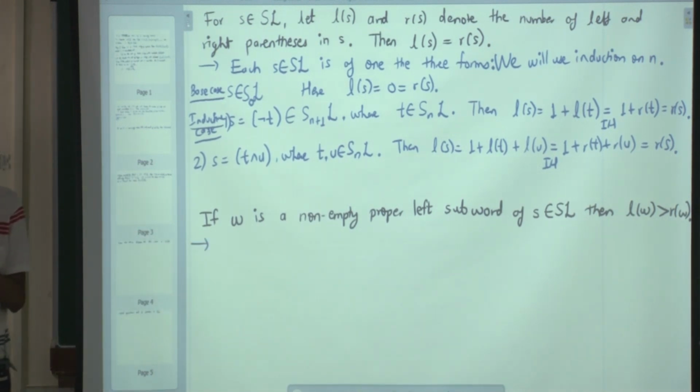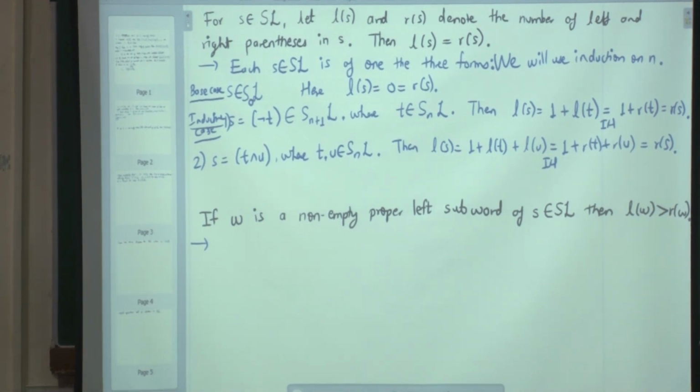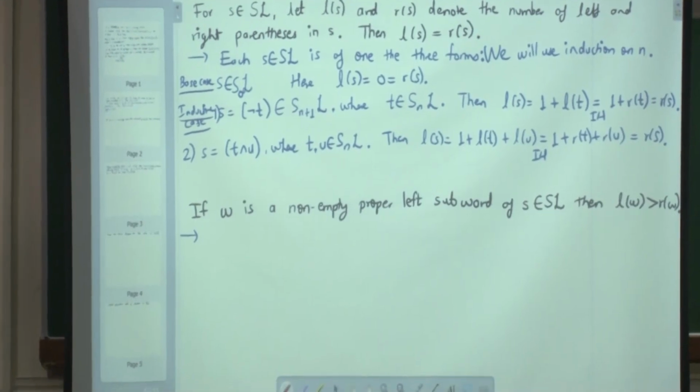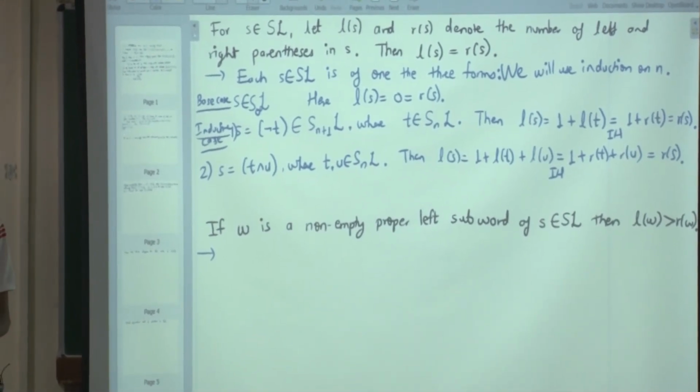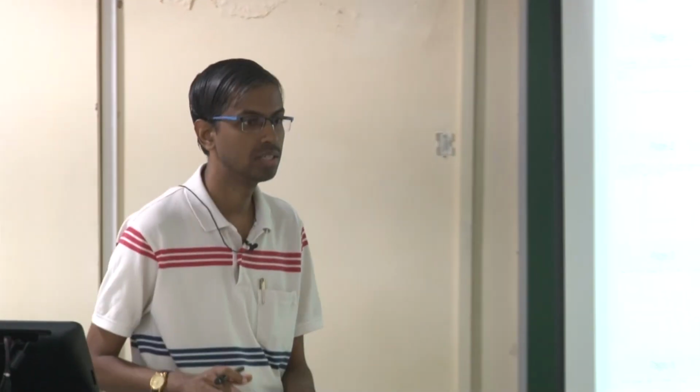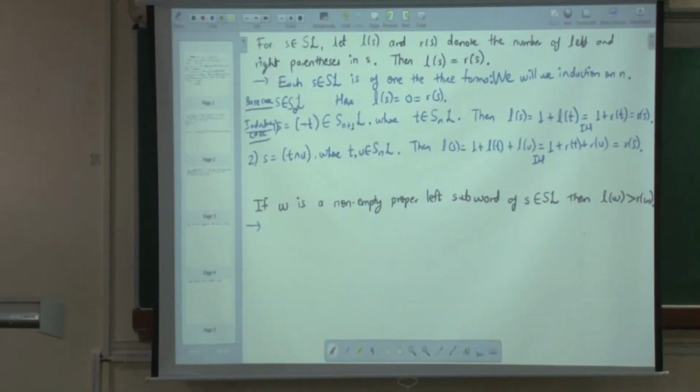Suppose W is a non-empty proper left subword of a propositional formula. Non-empty proper left subword. So basically, I will give you an example first. Suppose I am writing this.